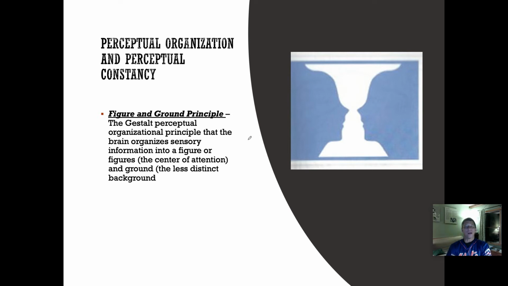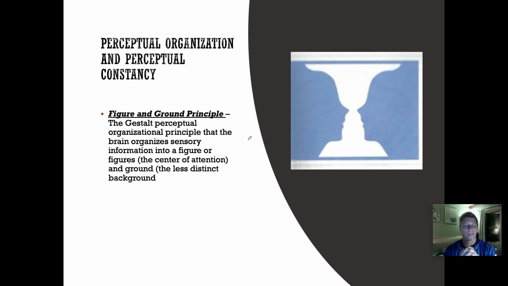Now, this is part of what we call the figure and ground principle. This is part of what's known as Gestalt psychology. The Gestalt group were a bunch of German psychologists in the late 1800s who were looking at the difference between the foreground and the background in images.